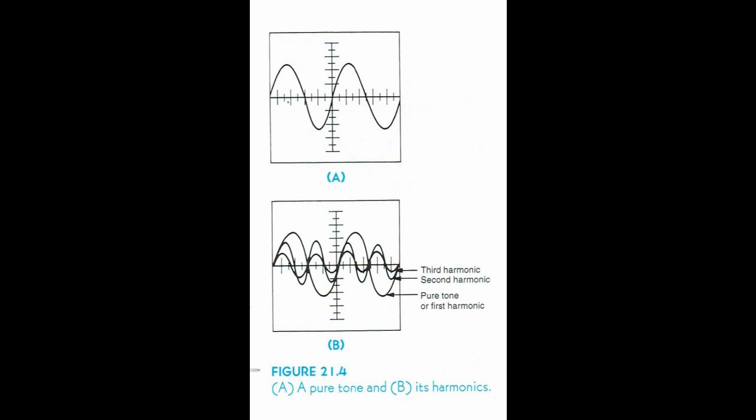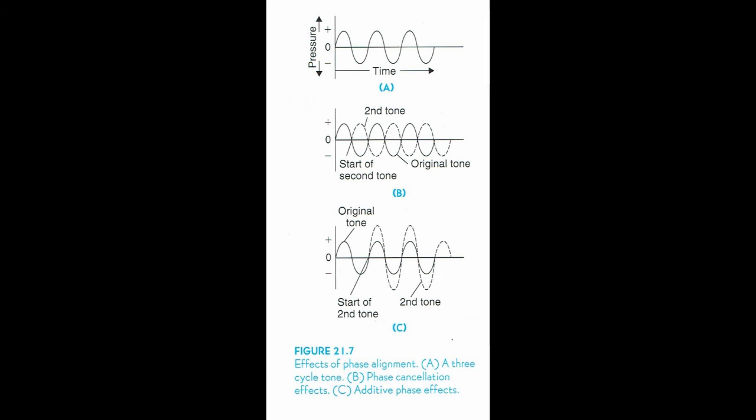The amplitude or loudness of each harmonic will be less than the loudness of the fundamental frequency. And the amount of each harmonic in the final tone will be determined by the physical structure of the source. Now, while a lot of this is technical babble, it is important to understand.